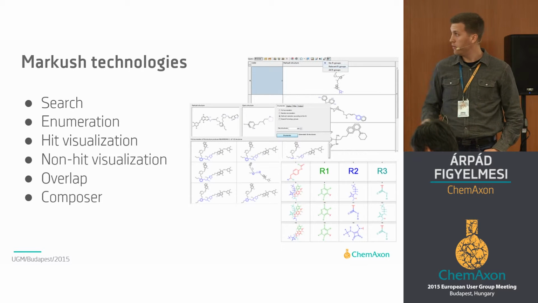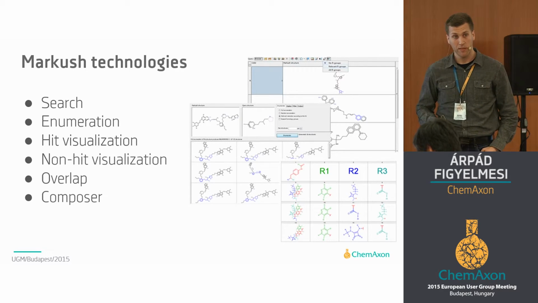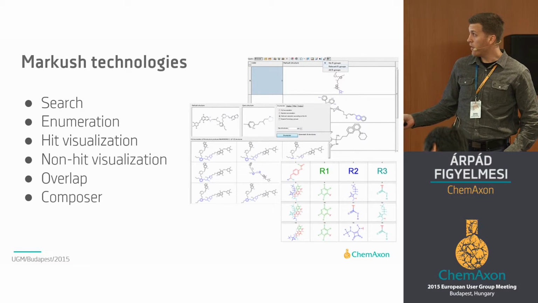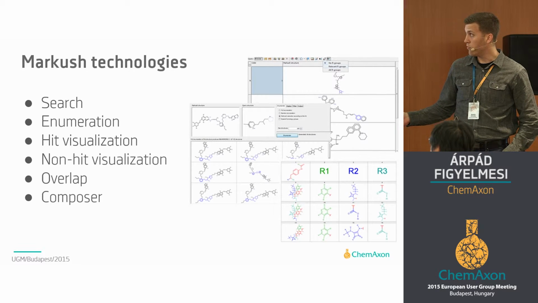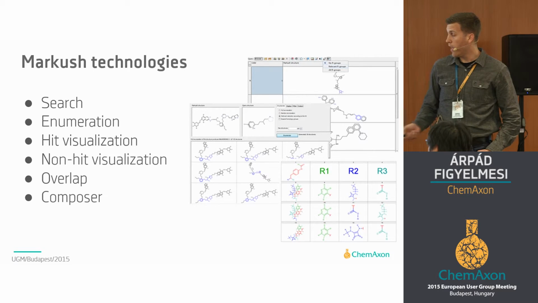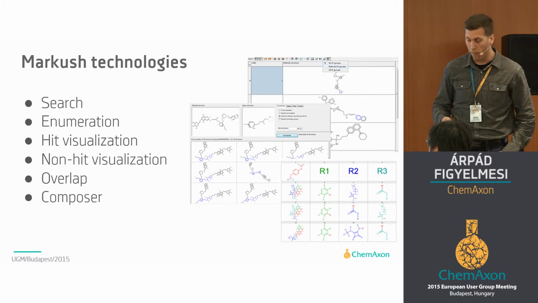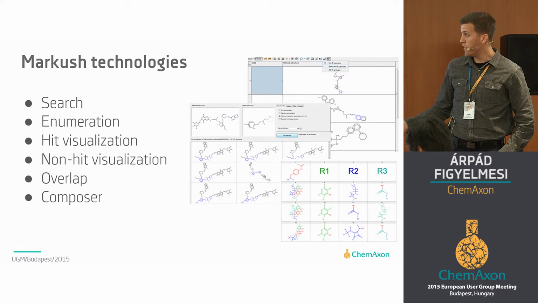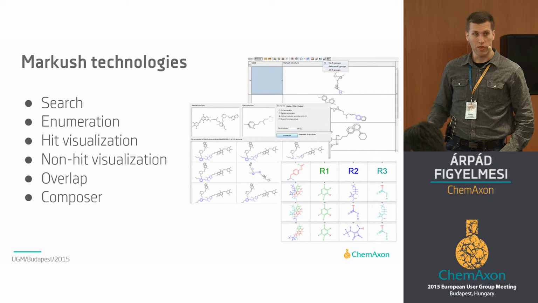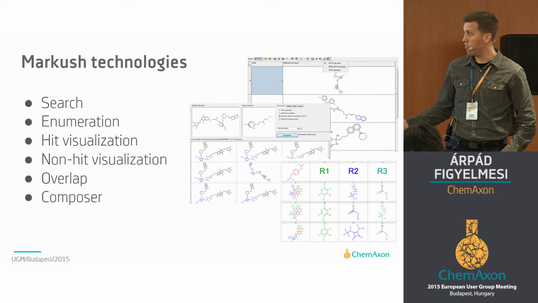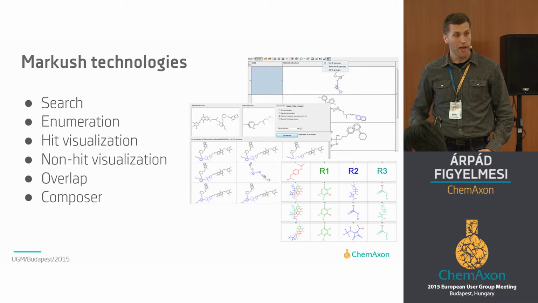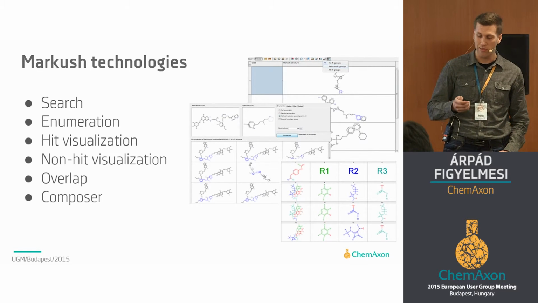But if you want, we are able to enumerate these Markush structures. We can visualize the hits related to your search results, and thanks to the latest developments, we are able to visualize why your structure is not matching a Markush. We can visualize or calculate the overlap between Markush structures, and we are able to automatically generate Markush structures based on a list of compounds.